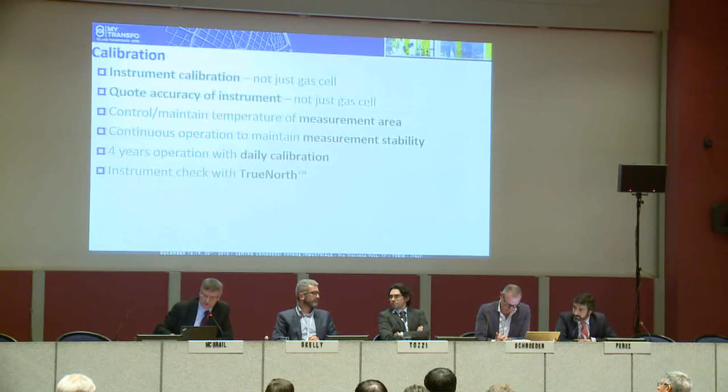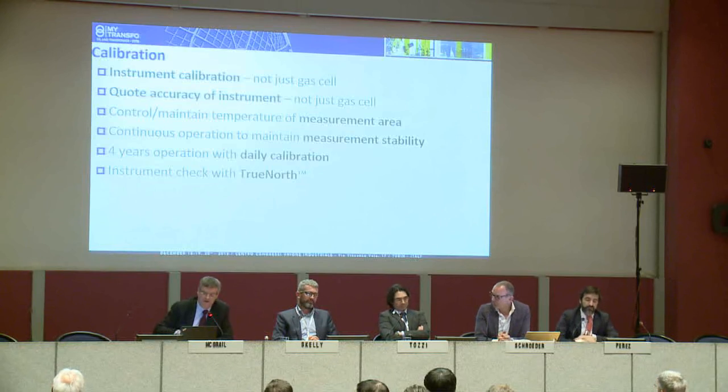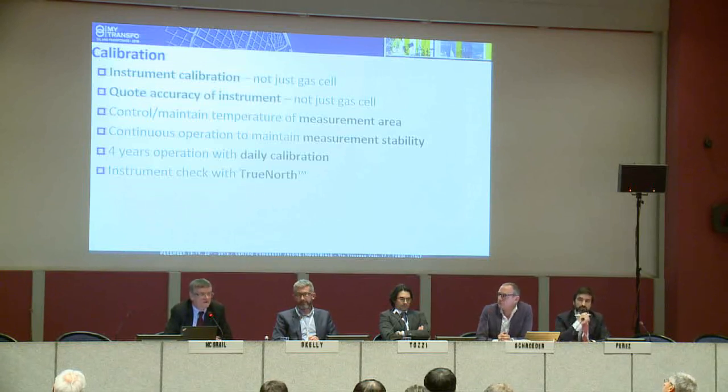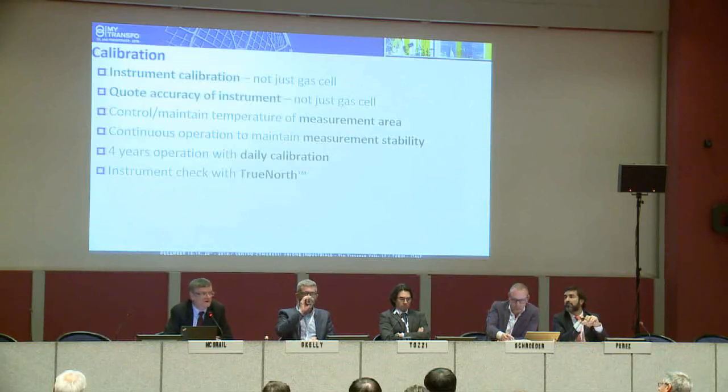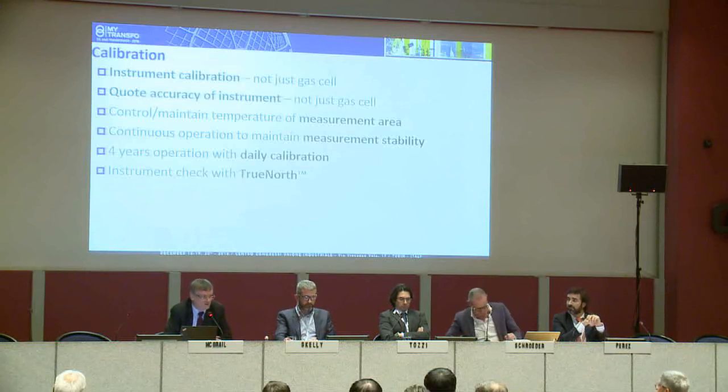The last point I'd make on this particular section is the stability. We operate the devices we sell continuously. So if you say we want the measurement every 12 hours, we still measure continuously. If you want it every 4 hours, we still measure continuously. And the reason for that is so that we don't switch on and switch off. That will change the electronics. That causes drift in the electronics.